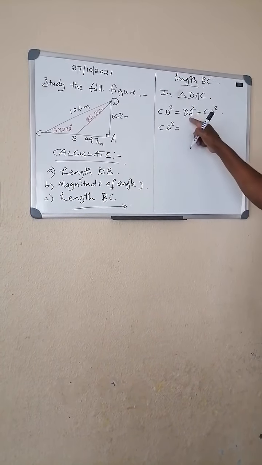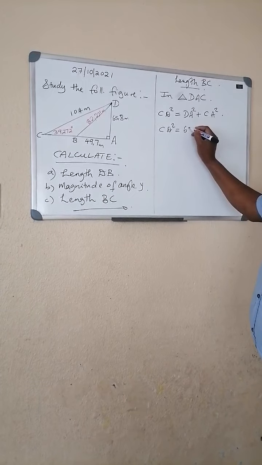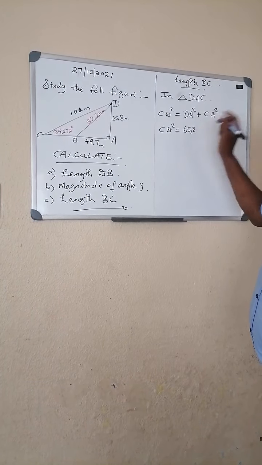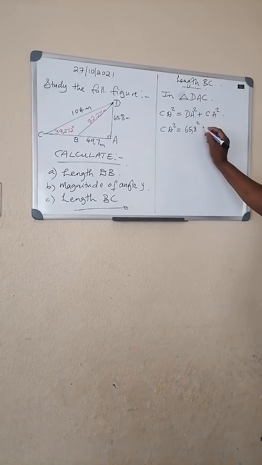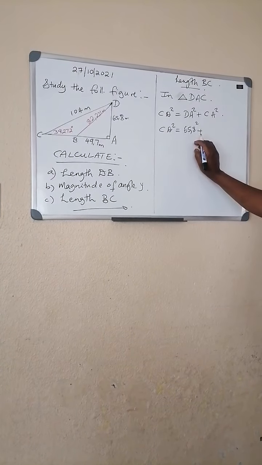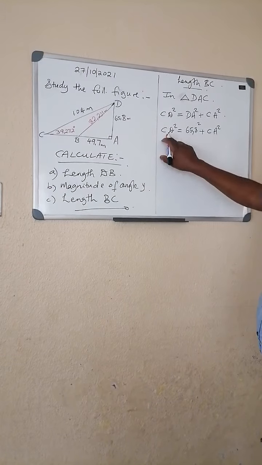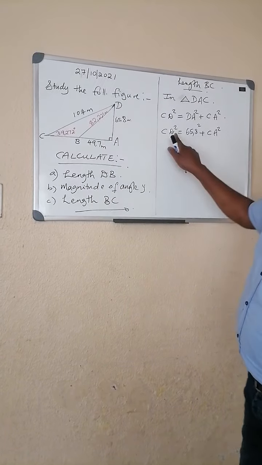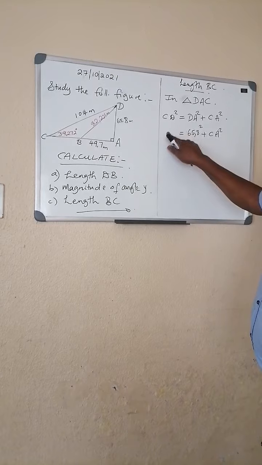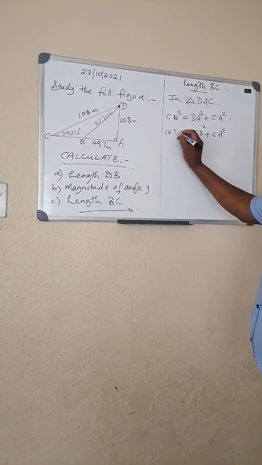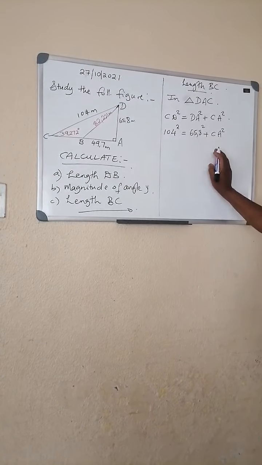CD squared. What is DA squared? Is 65.8 squared plus CA squared. But what is CD squared? CD squared is 104 squared.